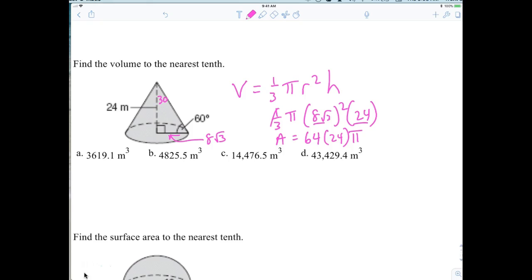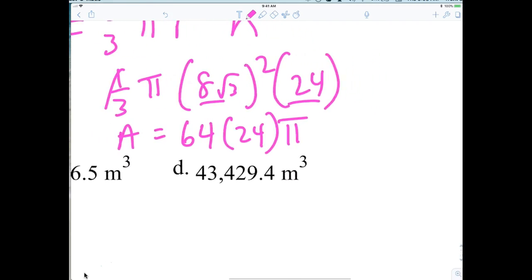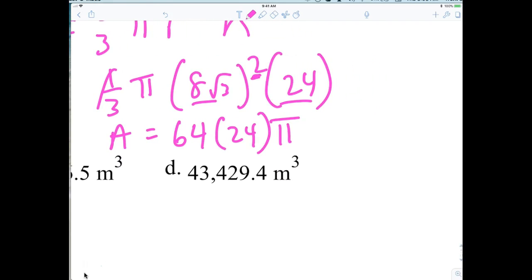But why is it 64 times? You see this squared? You're squaring the 8 and squaring the radical 3. Where'd the radical 3 go?